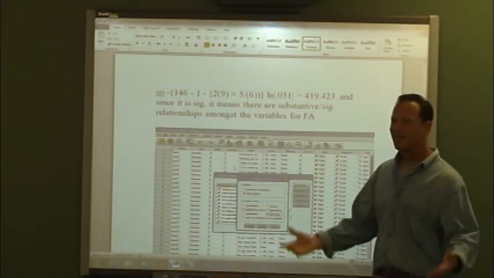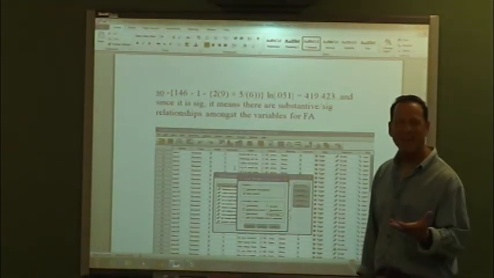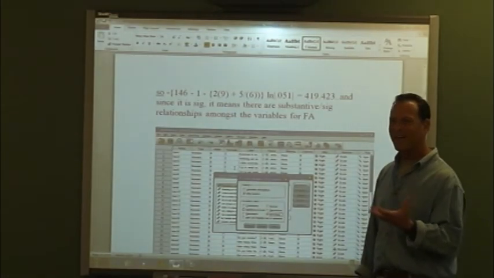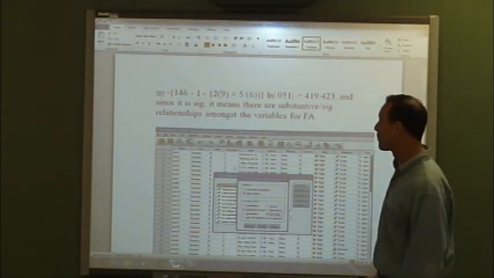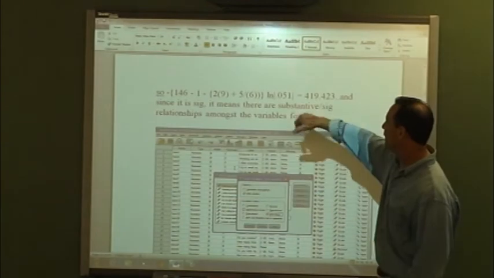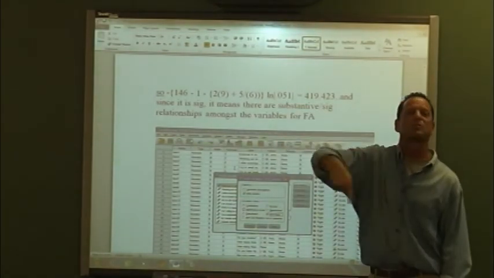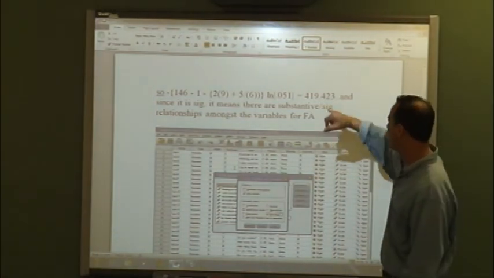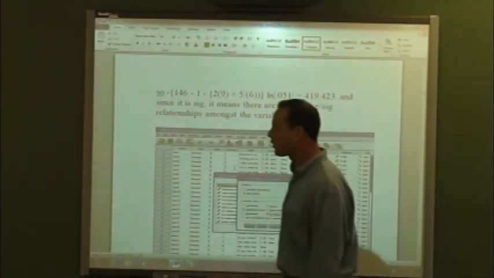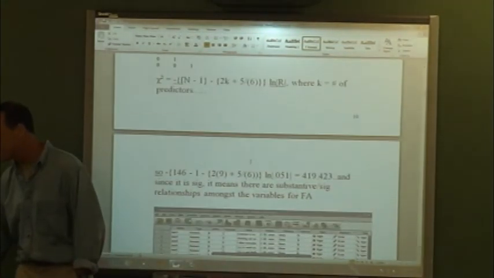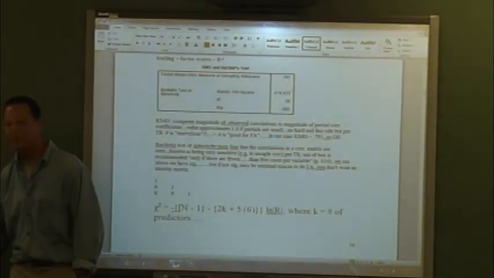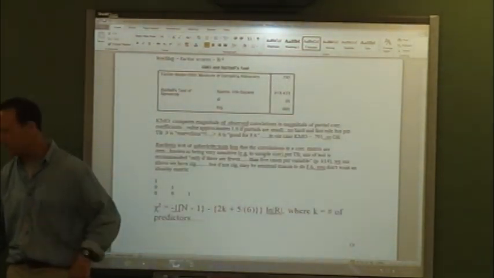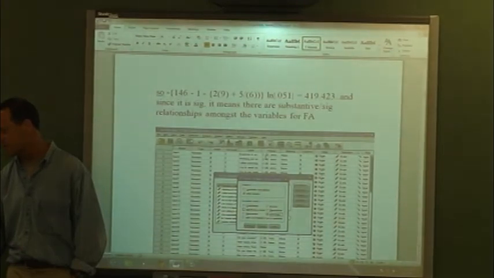It's interesting how they come up with these constants sometimes, and I'd love to see that initial paper. There's that 0.051, the product of all the eigenvalues, which gives the determinant of the correlation matrix, and the result is 419.42.